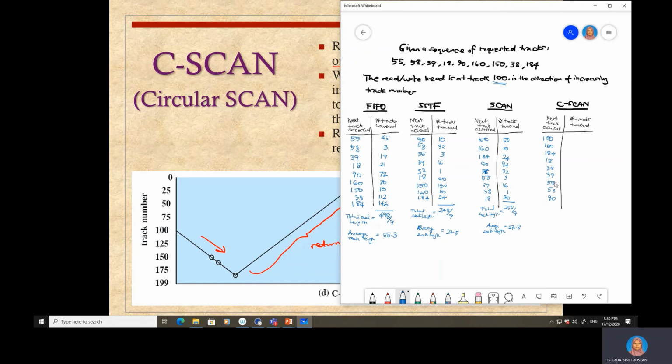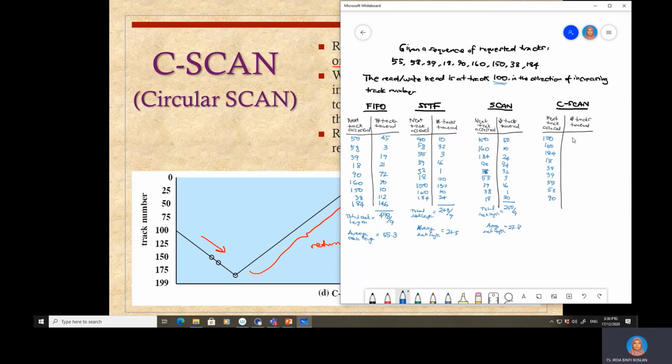Okay, the C-scan. So you can see the difference between scan and C-scan, especially at the part where it's at the end of the track. So get the difference between these two.